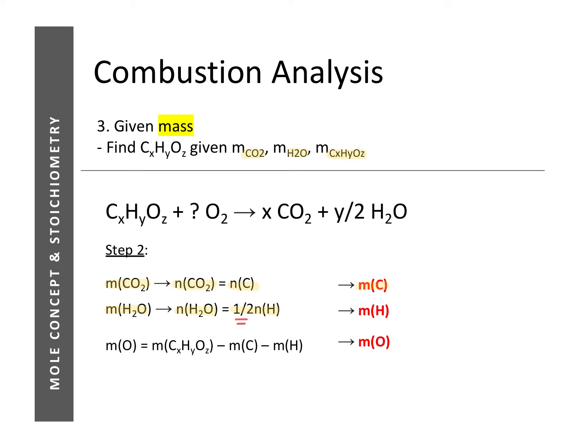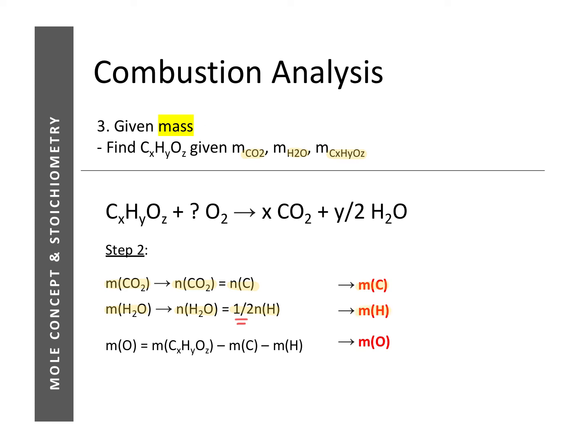Why is that so? Because it takes 2 atoms of hydrogen to make 1 molecule of water, or 2 moles of hydrogen atoms to form 1 mole of water molecules. So to find the number of hydrogen atoms, we take the number of moles of water, divide by 2, and then multiply by molar mass to find the mass of hydrogen.